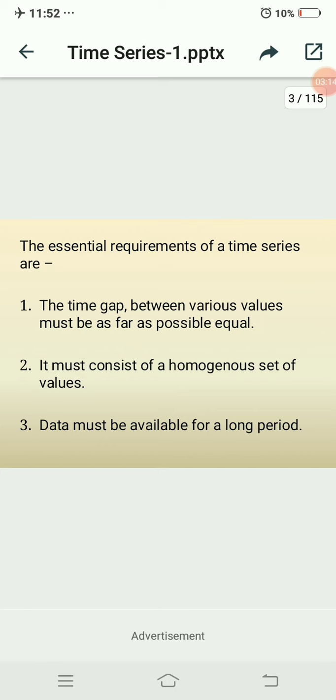The opposite word is heterogeneous, meaning unsystematic data. So it must consist of a homogeneous set of values, that is, systematic values. And the third one: the data must be available for a long period.